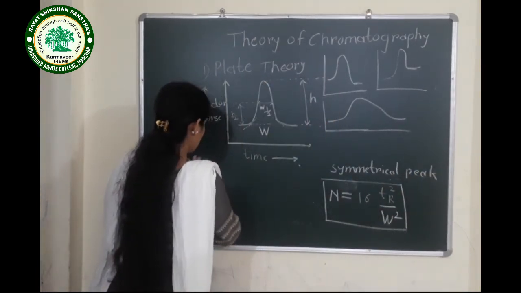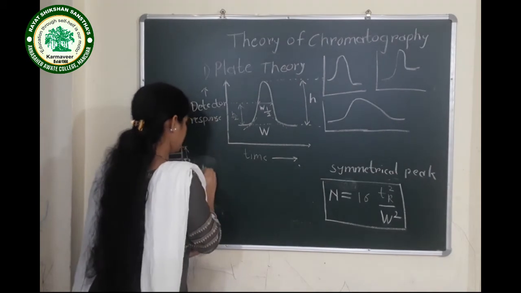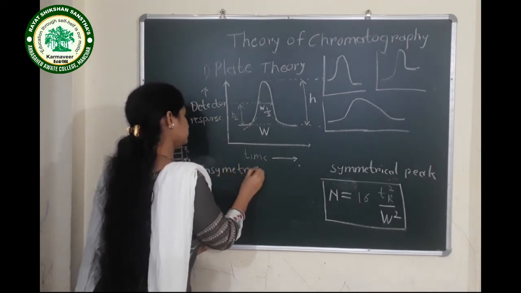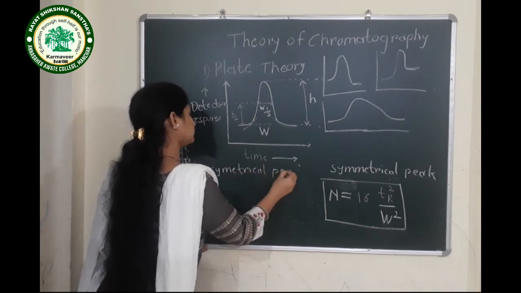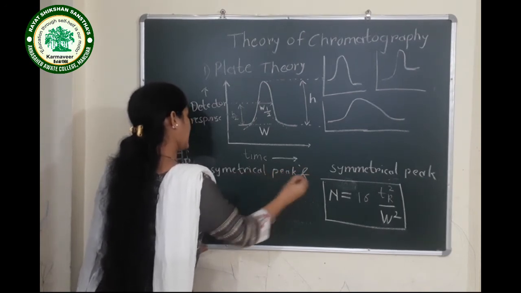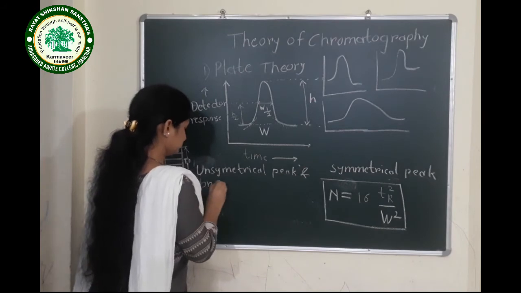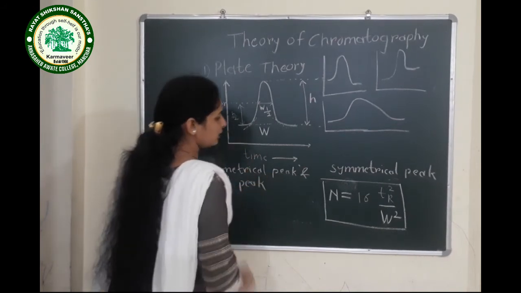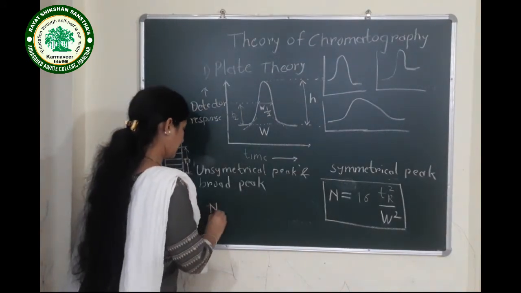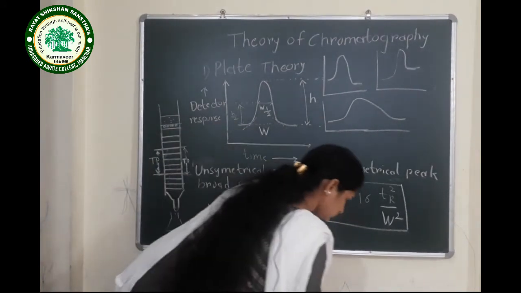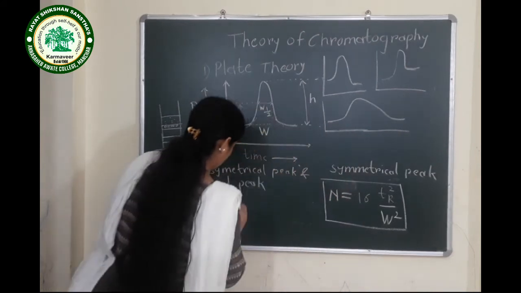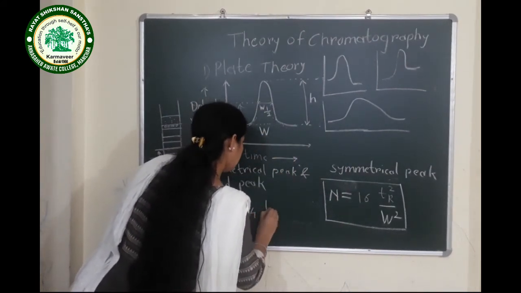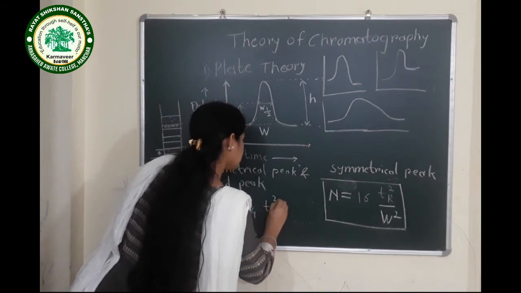Now for the unsymmetrical peak and broad peak, the equation will be N is equal to 5.54 TR square upon W half square.